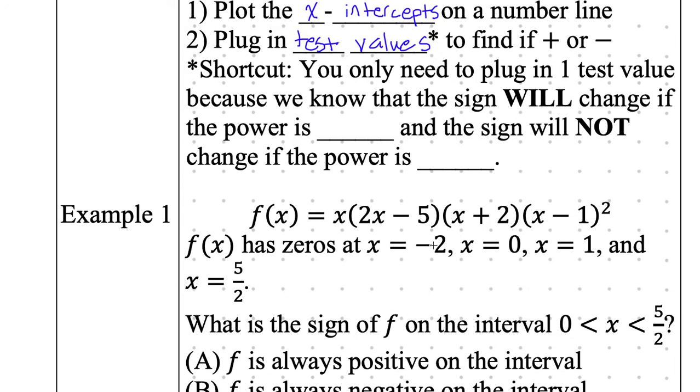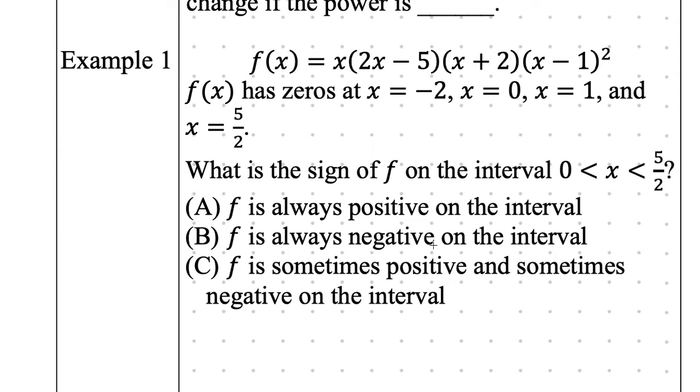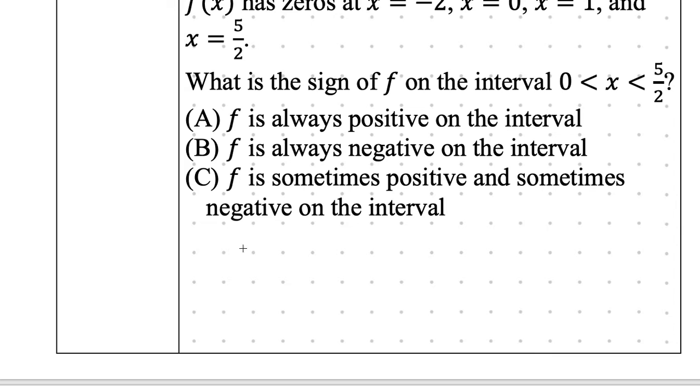Let's move on to example number 1. There is our factored polynomial. It has zeros at -2, 0, 1, and 5 halves. Let's do step 1. We will make an x-axis. Down here is a good spot.